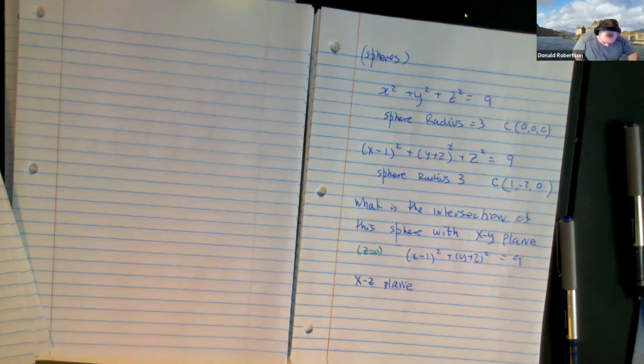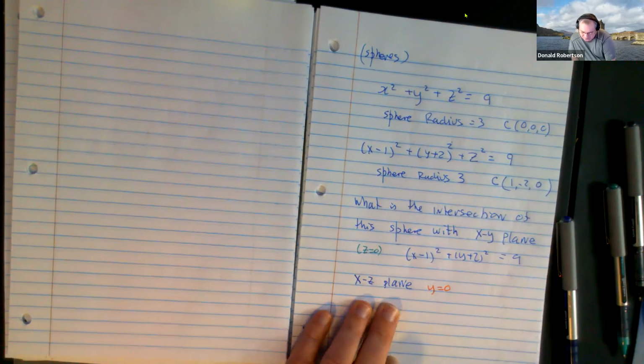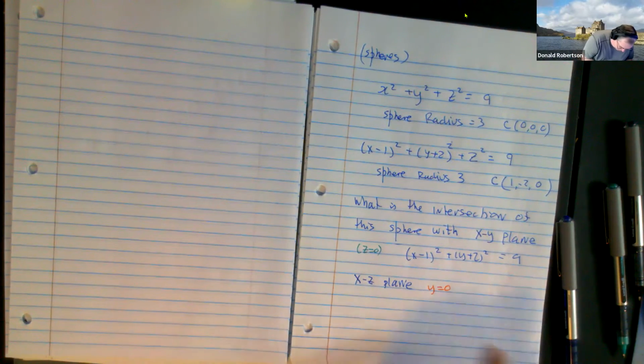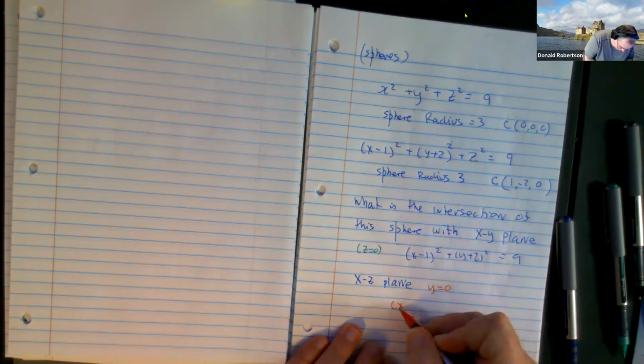What would you do to find where the sphere intersects the xz plane? You would set y equals 0. Do you notice the one that's missing is the one you make 0? And if you made this 0, there would be your equation.